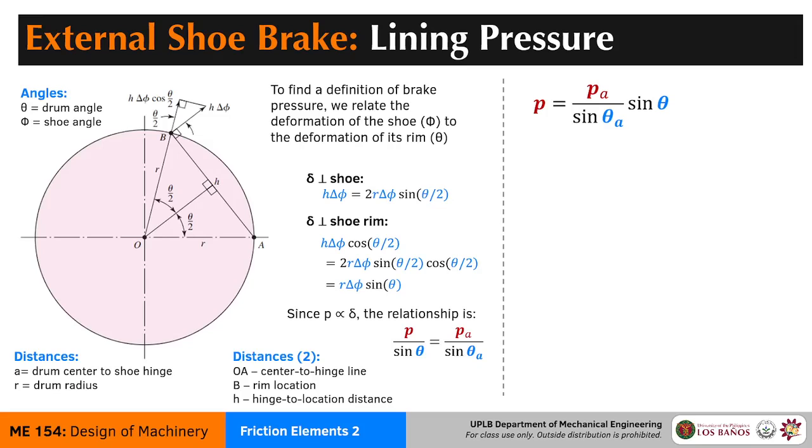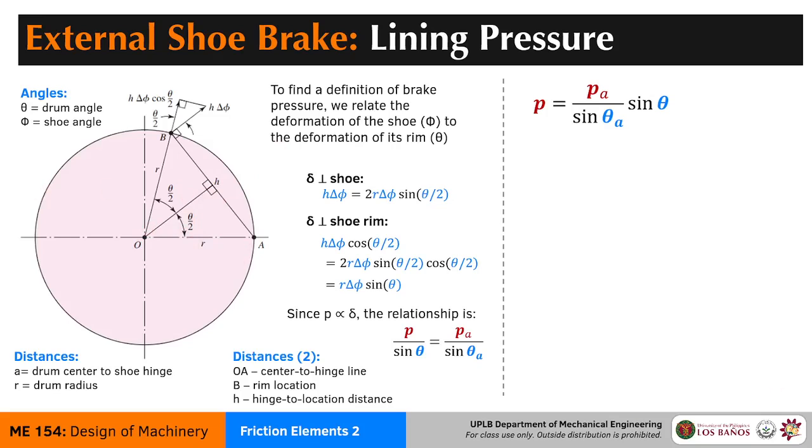And this depends on how extensive your shoe lining is. Keep in mind that we defined a reference angle from the drum center to the shoe hinge. So 0 starts here, and if you move your angular coordinate theta counterclockwise, you'll get an increase in angle.